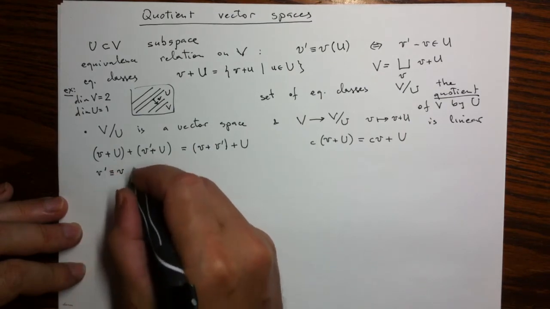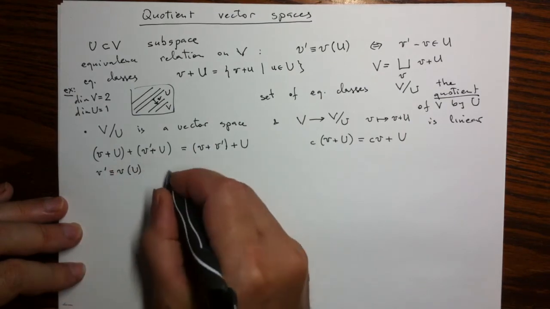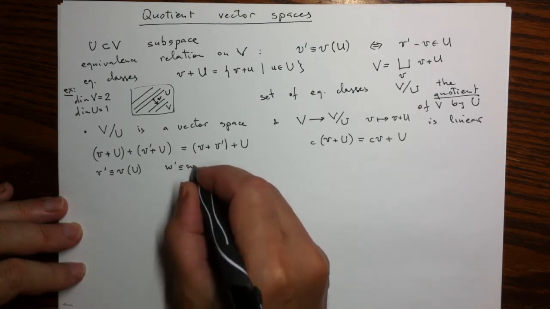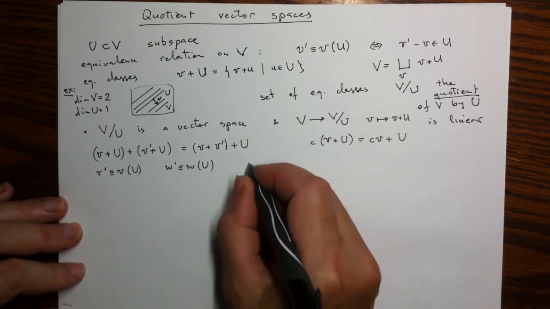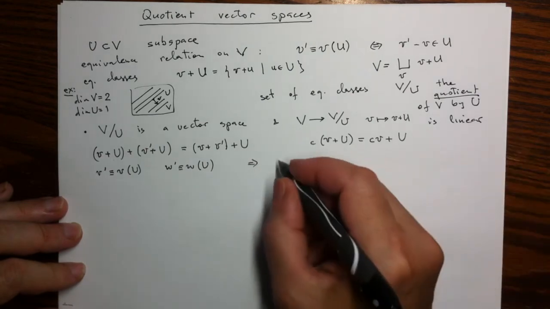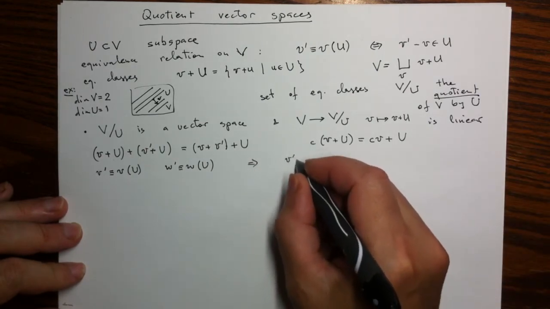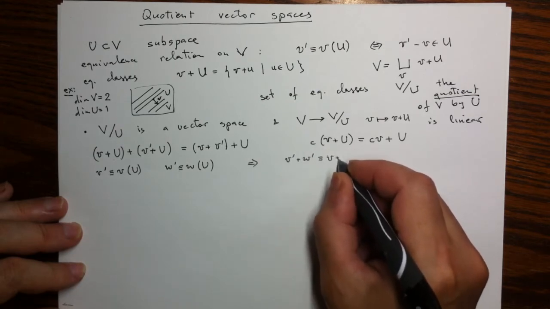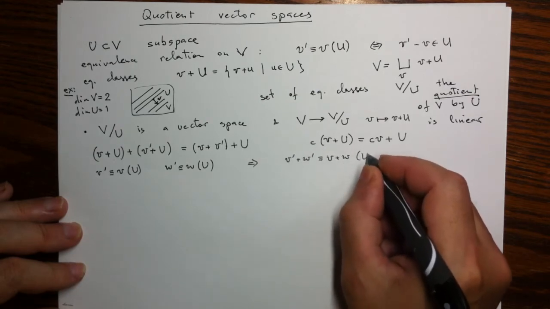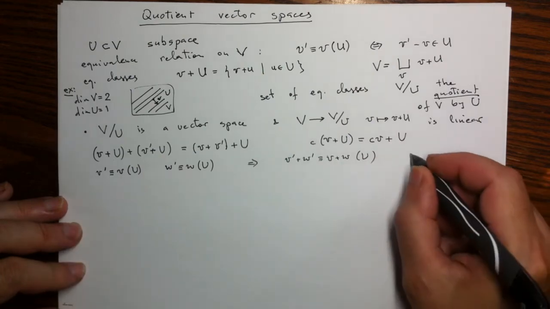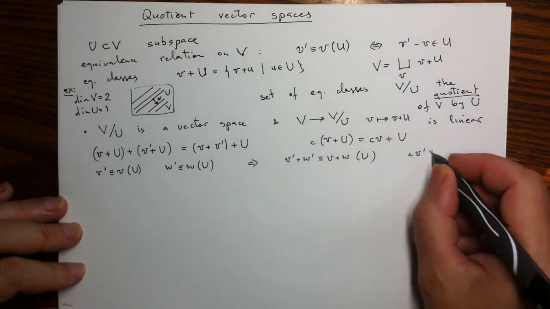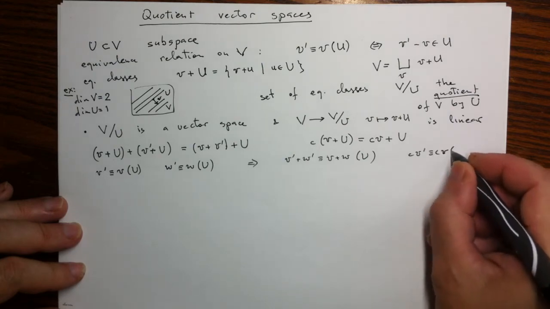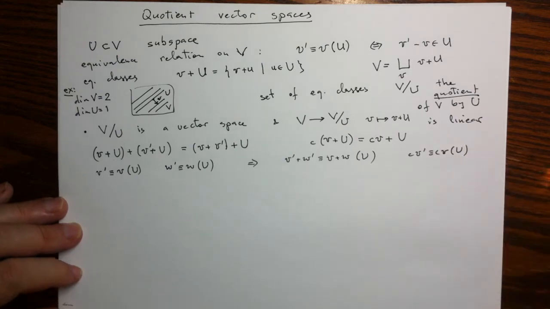So if we have two pairs, V prime congruent to V and W prime congruent to W modulo U, then we have two conclusions: that sums of these congruent vectors are congruent, and if you take one pair and then scale, the scalings will also be congruent.